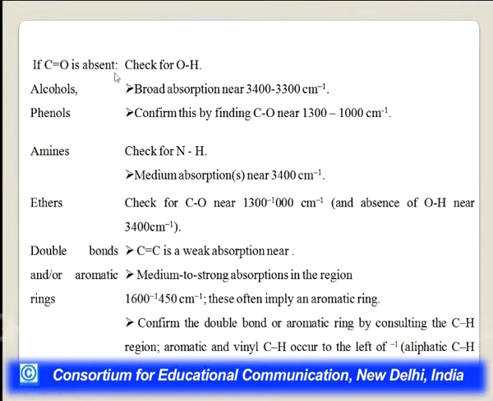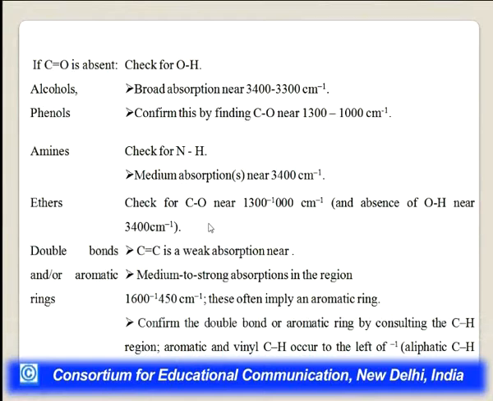If the carbonyl group is not present, check also for OH. For alcohols, there is a broad absorption near 3400 to 3300. For phenols, find C single bond O near 1300 to 1000. For amines, you have to see the medium absorption near 3400.